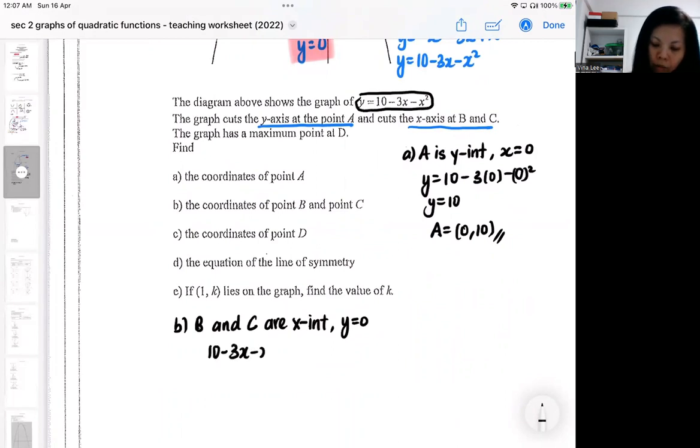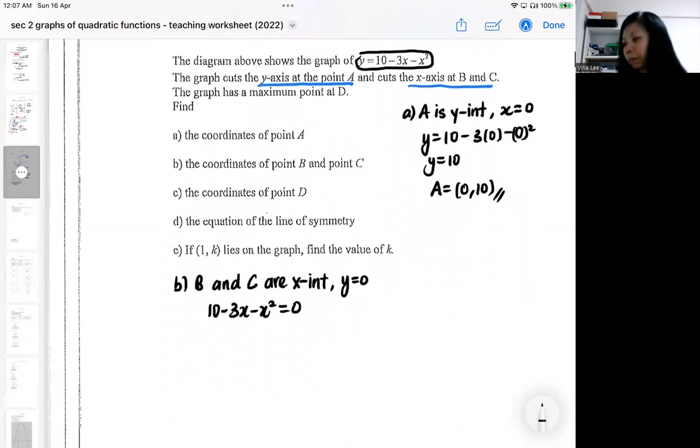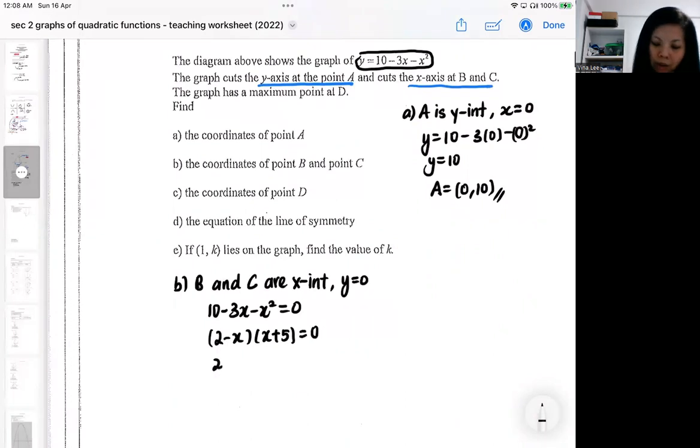And when you do that, you get a quadratic equation where you're supposed to factorize. So do your typical factorization, set the brackets equal to 0, and you will get your two answers.